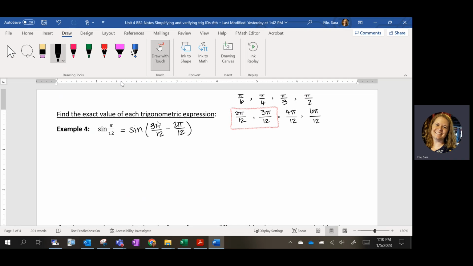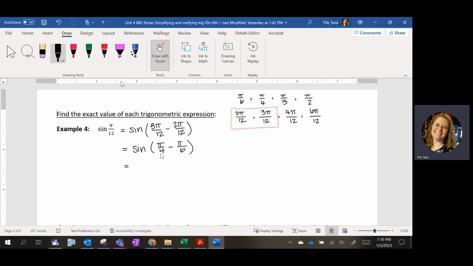Now, I don't think in terms of twelfths when I'm thinking about my trig and my unit circle. So I'm actually going to go ahead and rewrite that as pi fourths and pi sixths, because those are the terms that I think of it in. And then I'm going to do my expansion with the formula.